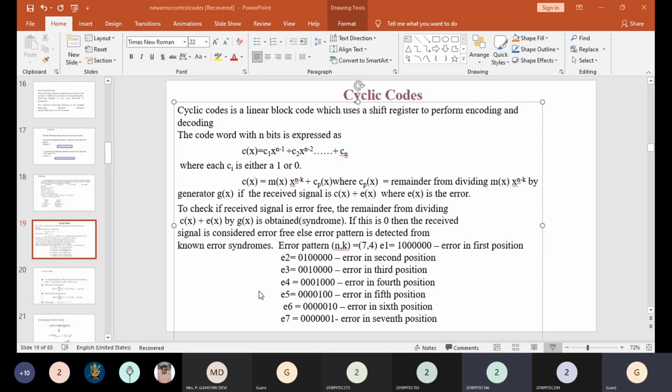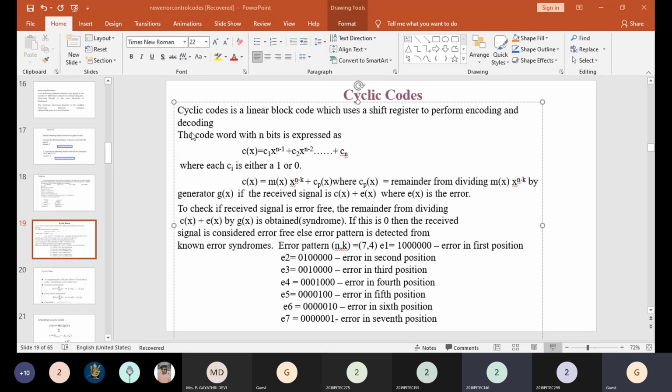Now, if we look into this problem, find the code words if m of x is given as 1 plus x power 2, and g of x is equal to 1 plus x plus x power 3 for a 7 comma 4 cyclic code.